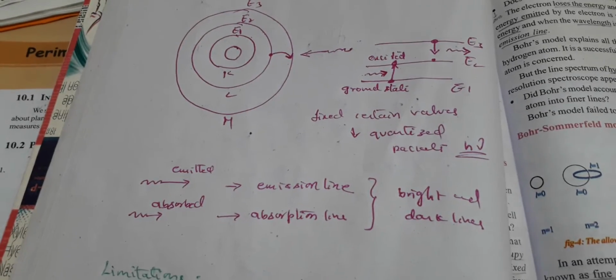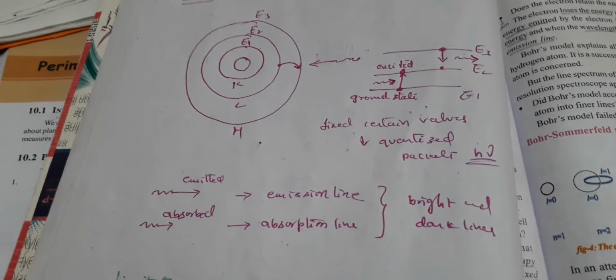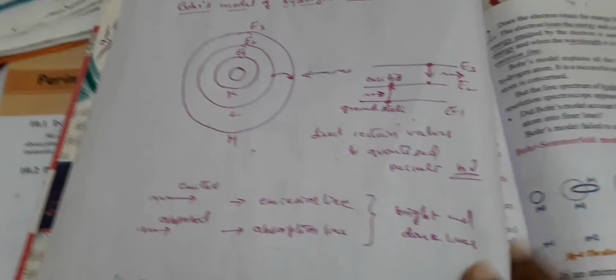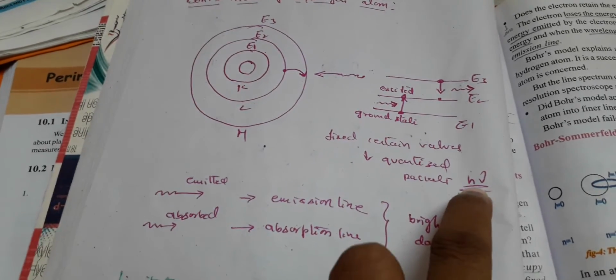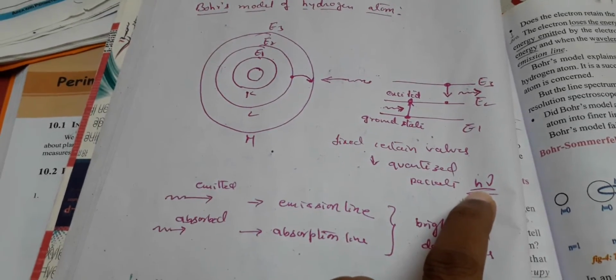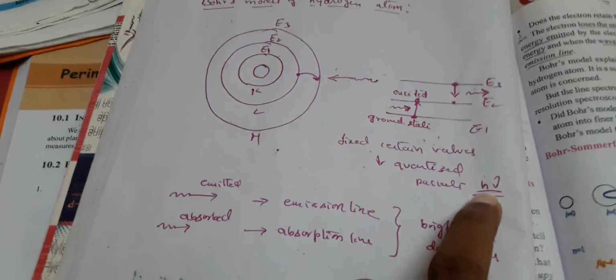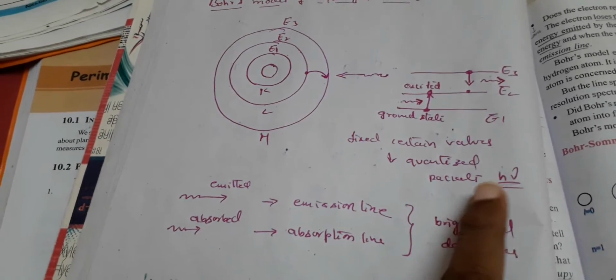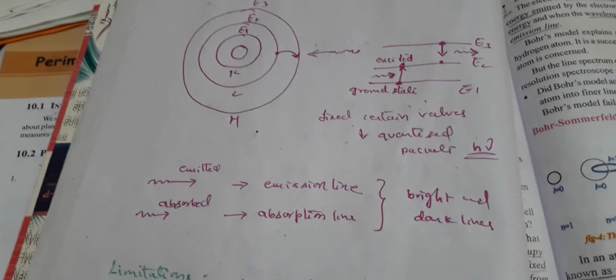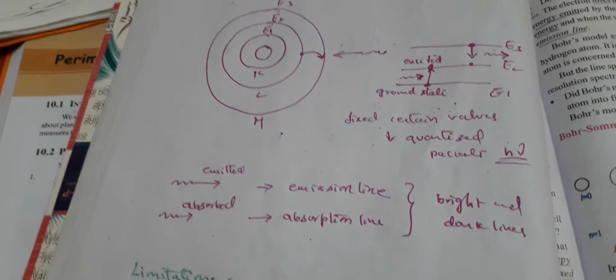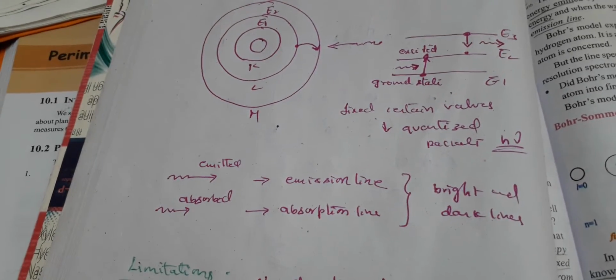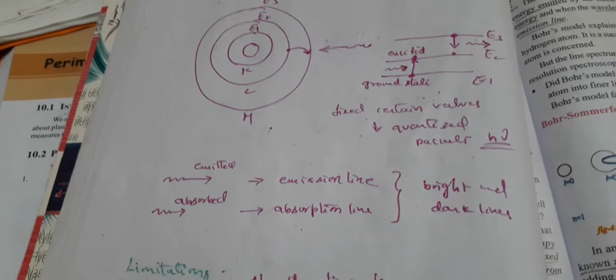And always the energy which is either absorbed or emitted will be measured in terms of packets, each packet having an energy of h nu. That means energy either emitted or absorbed is measured in integer multiples of h nu, that is energy packets.